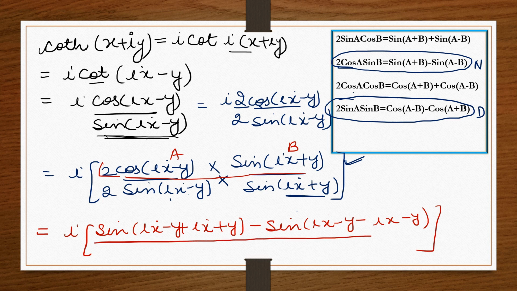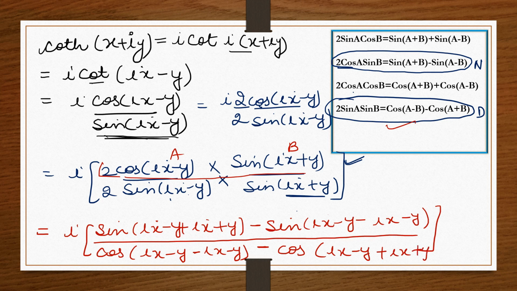And here in the denominator, apply this formula, so cos(a − b) minus cos(a + b). Now let's check what we can cancel out. Here this y will be cancelled, here this ιx will be cancelled, here this ιx will be cancelled, and here this y will be cancelled. So what will you have?